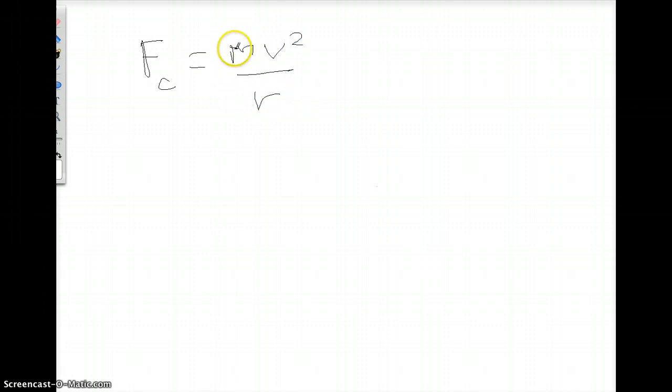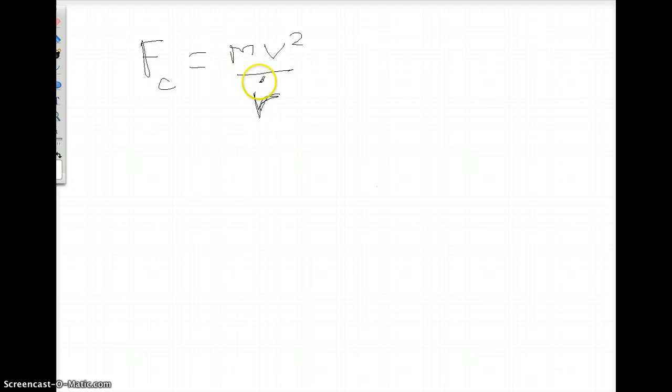So if the mass of the car doesn't change, and the distance that the car is from the center of the circle, that's what this r is. Don't be confused. Just because it's r doesn't mean it's always a radius of a circle. You want to think of this r as the distance between the object that the force is acting on and the center of its motion.